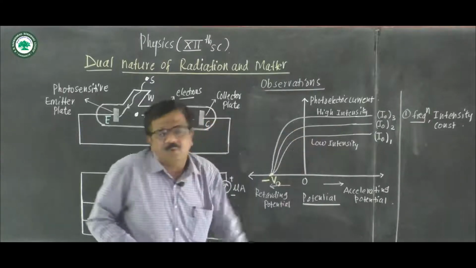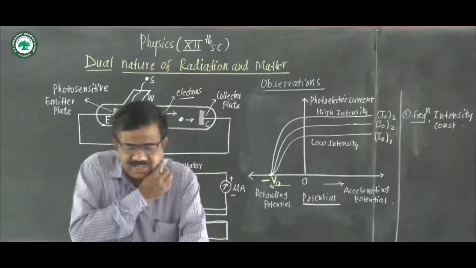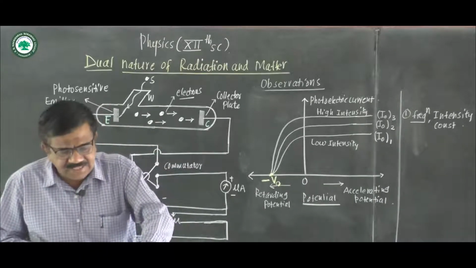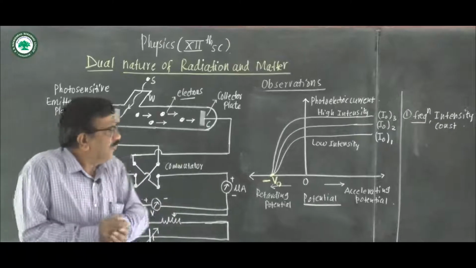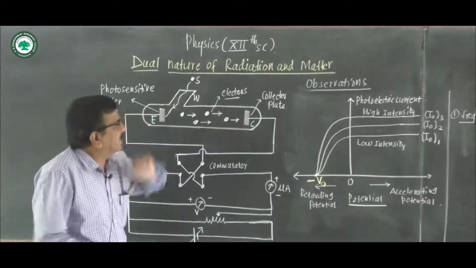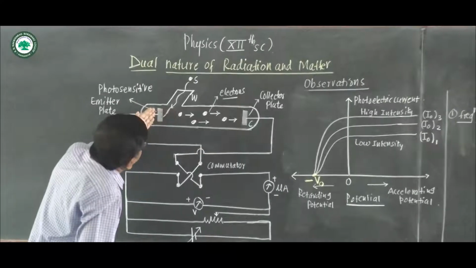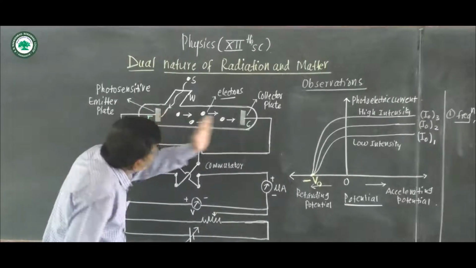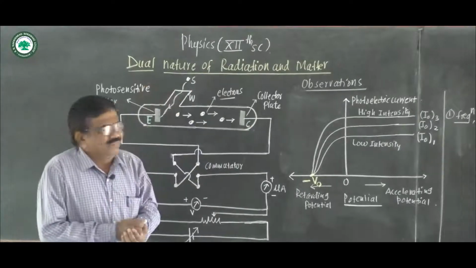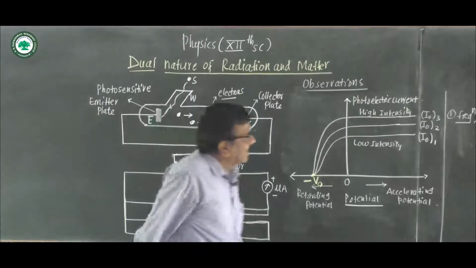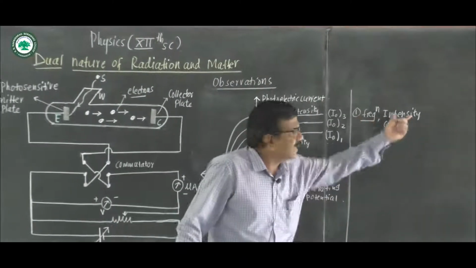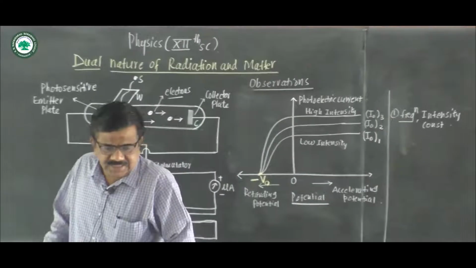With this increase in positive potential, at some stage, at a certain value of positive potential given to this collector, all the electrons emitted by the emitter are collected by the collector. See, one main thing: frequency of radiation is greater than the threshold frequency and intensity of radiation is kept constant.